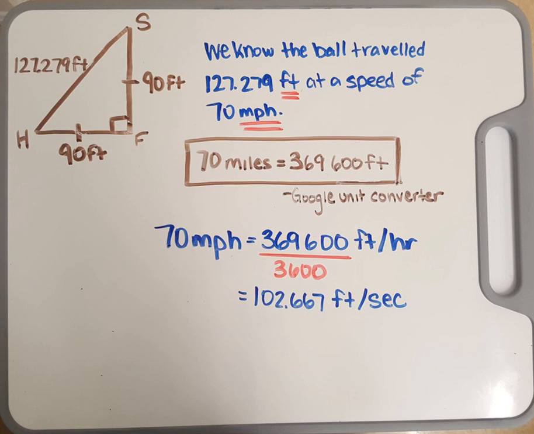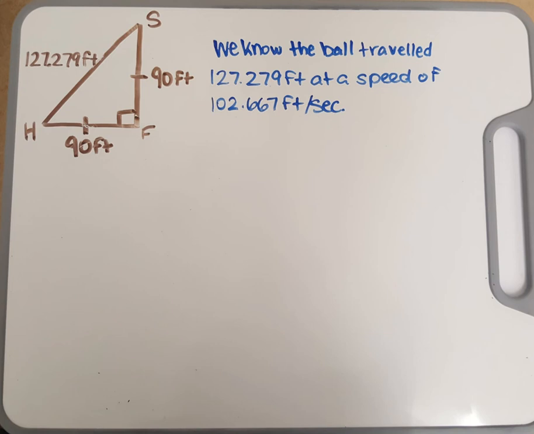So 60 times 60 is 3,600. I ended up getting an answer of 102.667 feet per second.